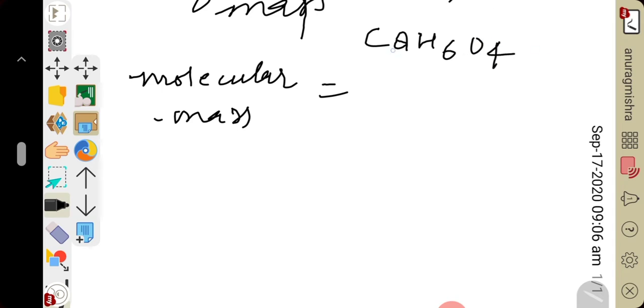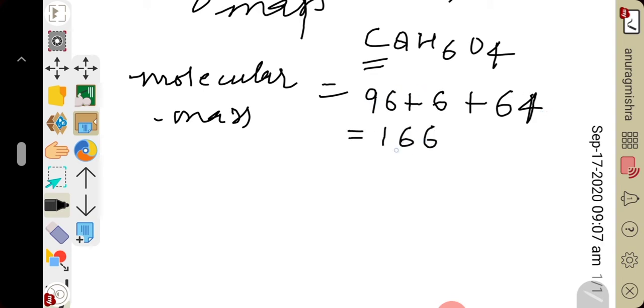So what will be the mass of this particular molecule? 8 carbon are present, 1 carbon mass is 12, so 8 carbon mass is 12 times 8, 96, plus 6 hydrogen, 1 hydrogen mass is 1, so 6, plus 4 oxygen, 1 oxygen mass is 16, so 64. 64 plus 6 is 70, 70 plus 96 is equal to 166 amu, the molecular formula mass of the compound.